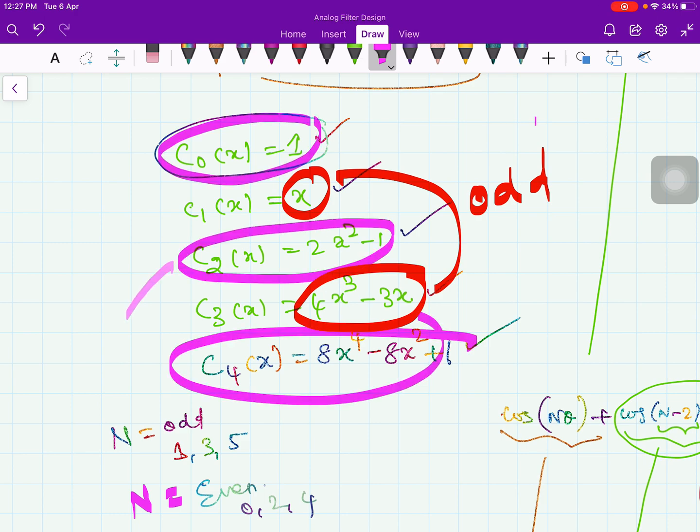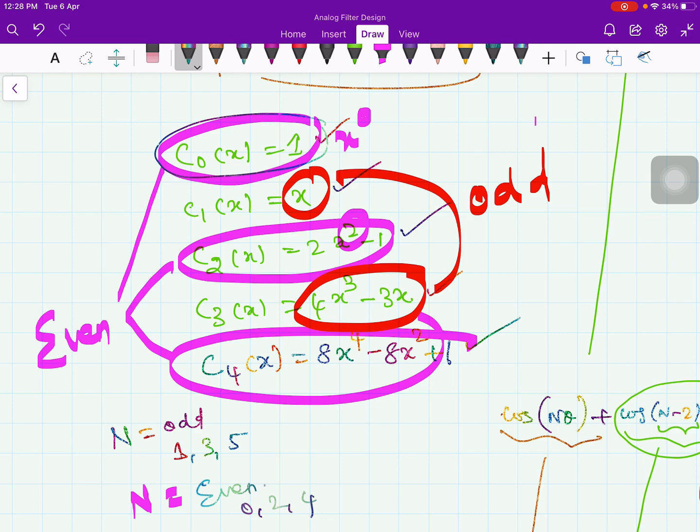Now the polynomial itself is an even polynomial. The powers are even: 8x to the power 4 minus 8x squared, and here 2, and here x to the 0, you can write like that. Therefore, if the order is even, the polynomial is an even polynomial. If the order is odd, then the polynomial itself is an odd polynomial.